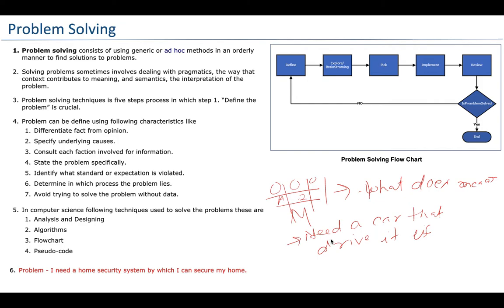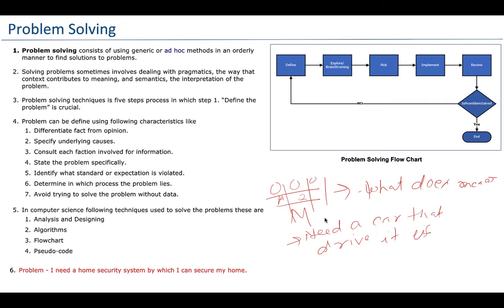So there are some steps involved to solve a complex problem. In the software industry, there are straightforward defined processes and practices by which we solve complex problems. The very crucial step to solve the problem is to define the problem.